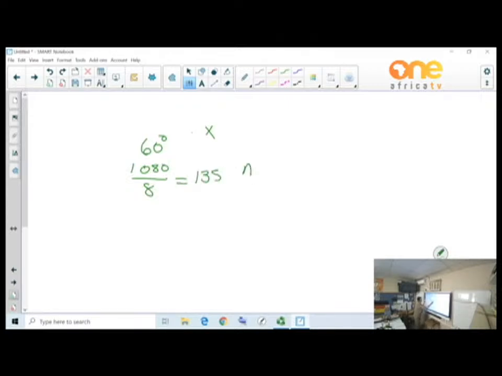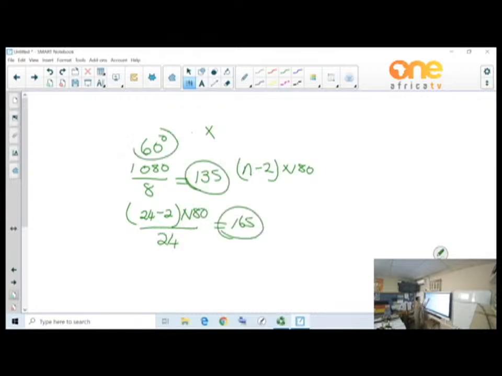Can you remember the formula? N minus 2 times 180. And the last one is 4 minus 2 times 180. This is just because, remember, this is a show that question. And then if you add now all those three, you get the 360. Okay. So, polygons. This was about polygons.